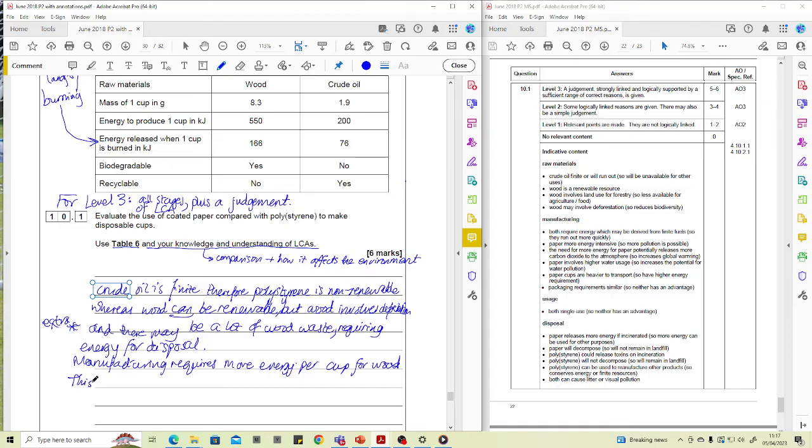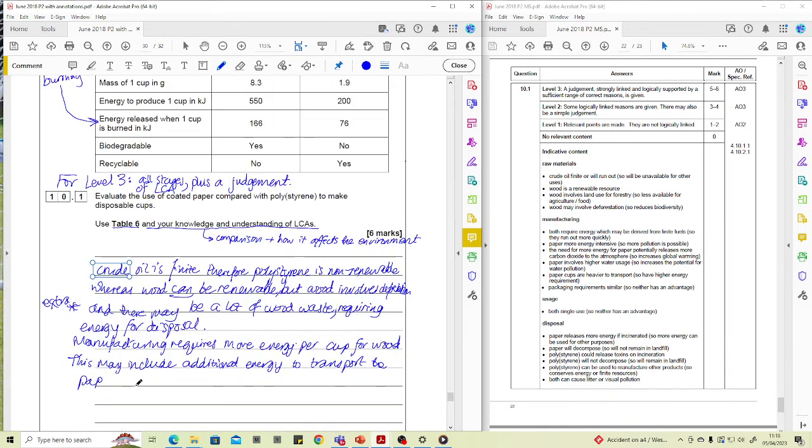So this may include additional energy to transport the paper cups, because they are heavier than polystyrene.